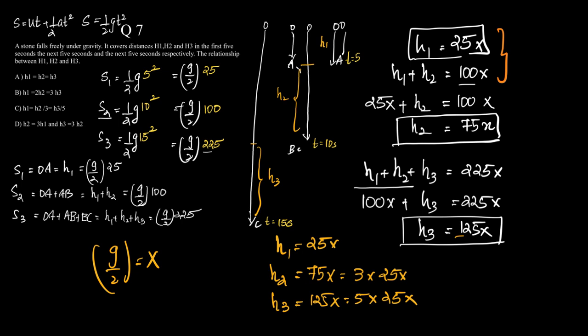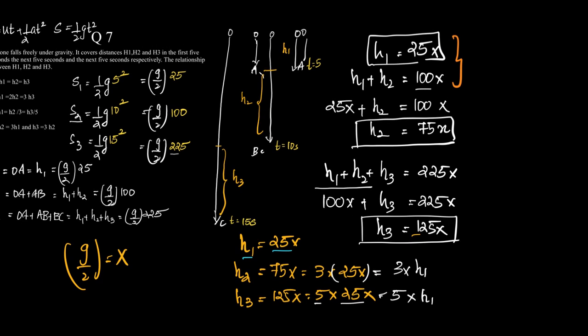Now why did I use 25x? I'll tell you. See, what is 25x? h1, right? So this basically reduces to 3 into h1. This is 5 into, what is 25x? Again h1, right?